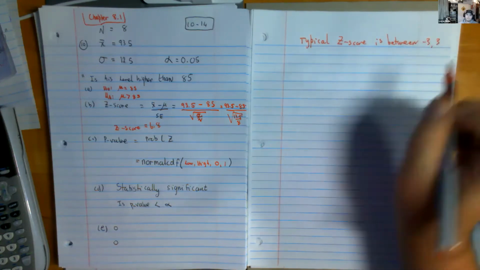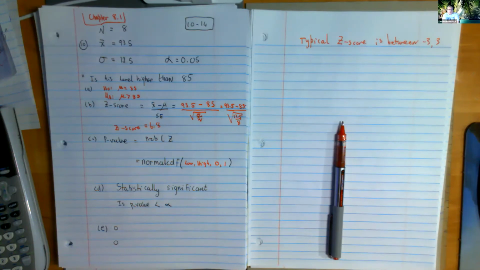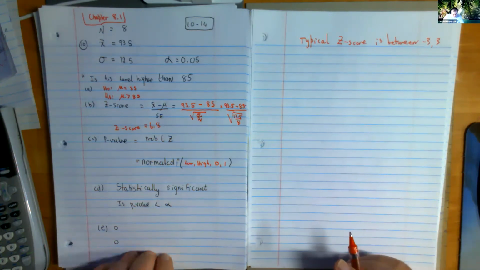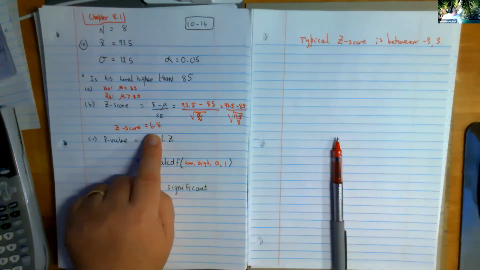Yes. So if you come across a z-score that's bigger than that, you can be pretty sure that you're going to get a conclusion at the end, but we still have to go through it. If you get a z-score of 0.2, you are not going to get a significant result at the end, right? So sometimes you can have a pretty good guess at what's going to happen, but you still go through the process. So that is a z-score of 6.8.